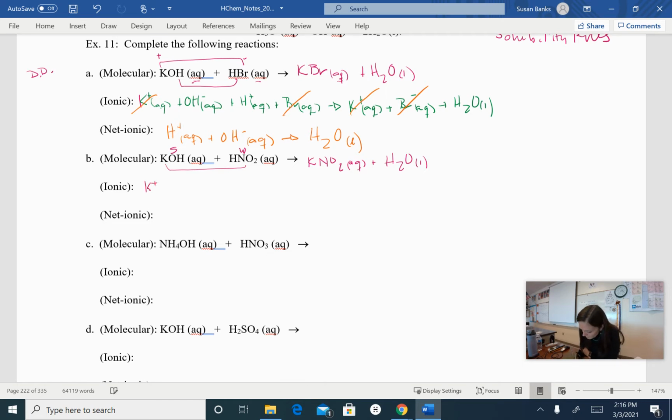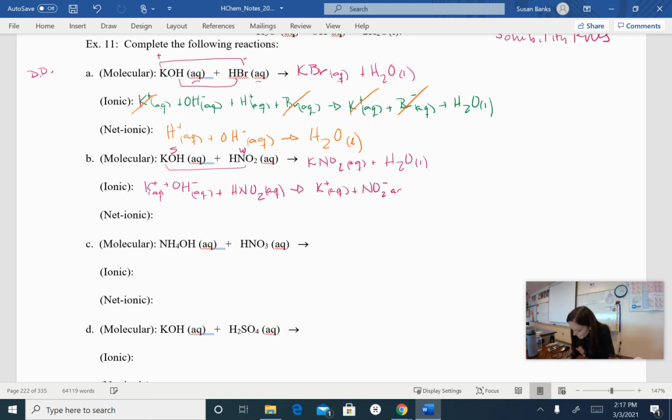Okay, so potassium is going to be off by itself. We're going to have a hydroxide off by itself. And I should put in the aqueous. But nitrous acid is going to stick together because it is weak. Okay? And then potassium is going to be off by itself.